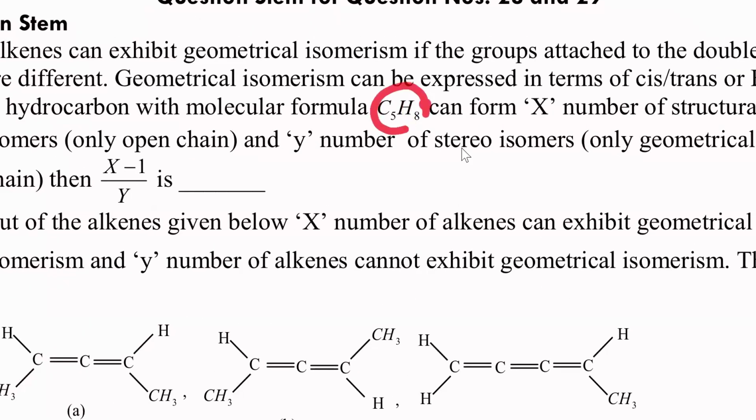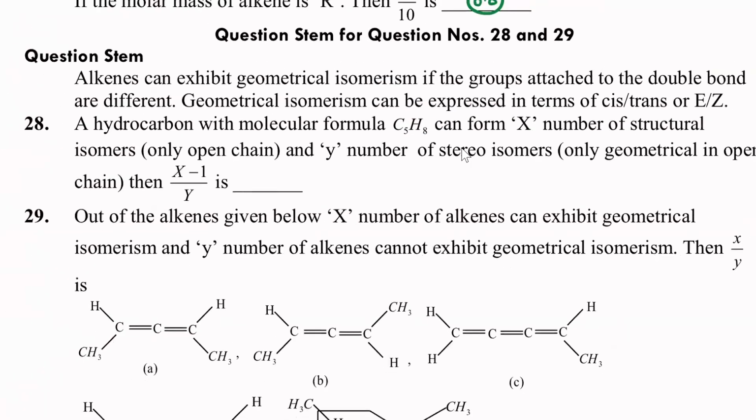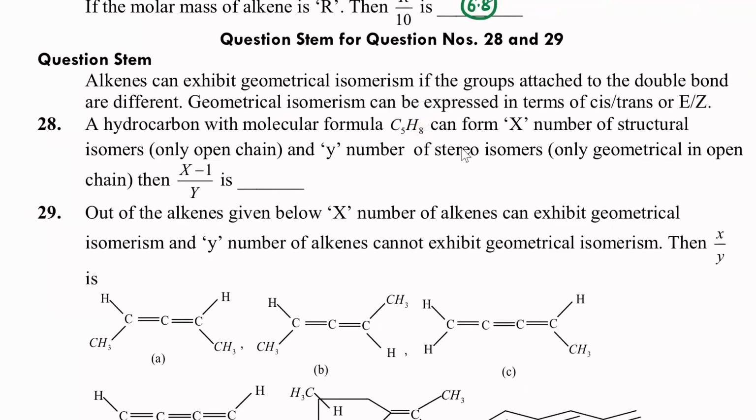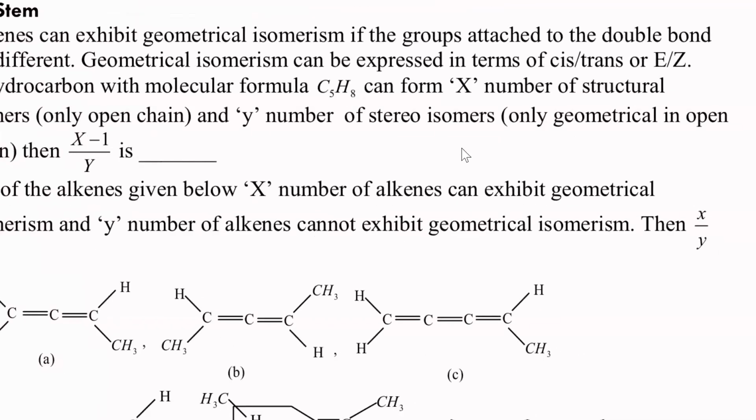You can clearly notice that there are two pi bonds here. Because there are two pi bonds, in open chain, like this 1, 2, 3, 4, 5, I can put one double bond here and a double bond here. I can put one double bond here and one double bond here.